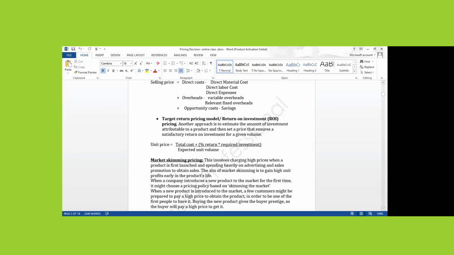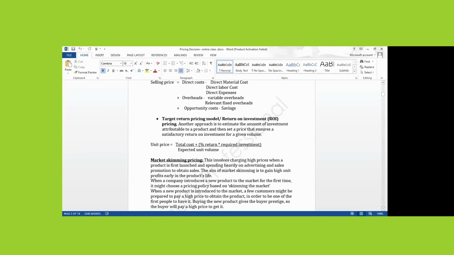There are different pricing strategies companies use. But there are two major pricing strategies.